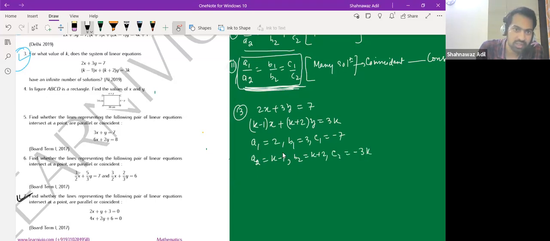What is the condition? For what value of k does the system of linear equations have infinitely many solutions? You can solve any of the three ratios. Which one is simpler? I guess the first and last one is simpler. So you solve this, and Harshit has got 7.